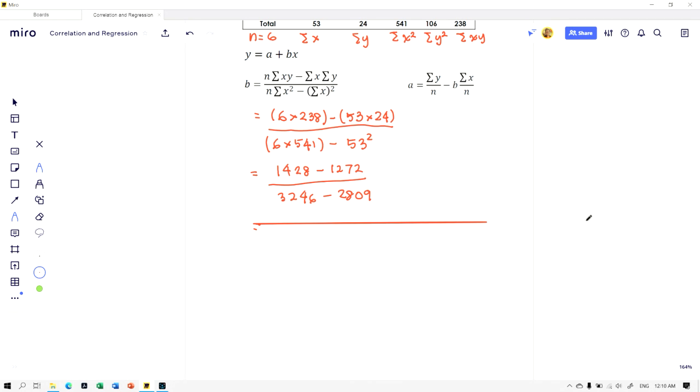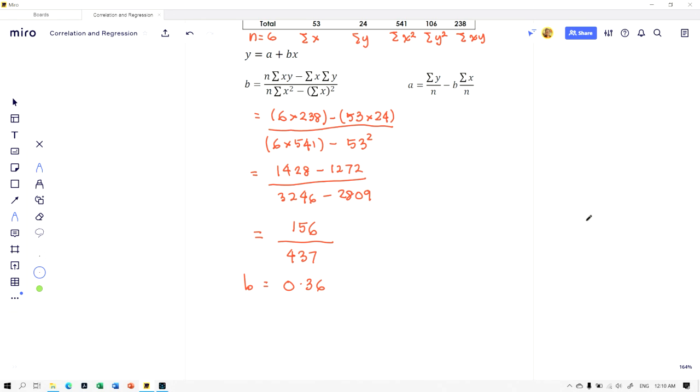That equals 1428 minus 1272, which is 156, divided by 3246 minus 2809, which is equal to 437, and b equals 0.36.